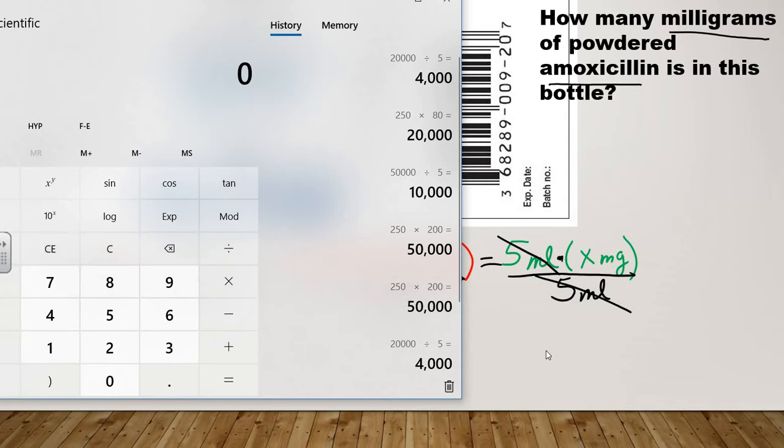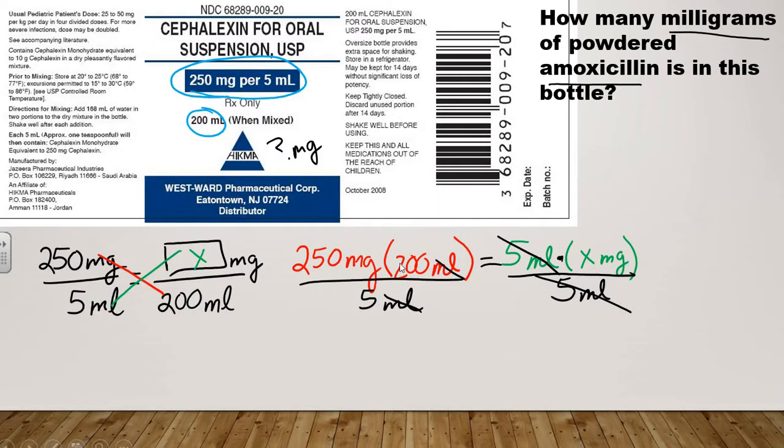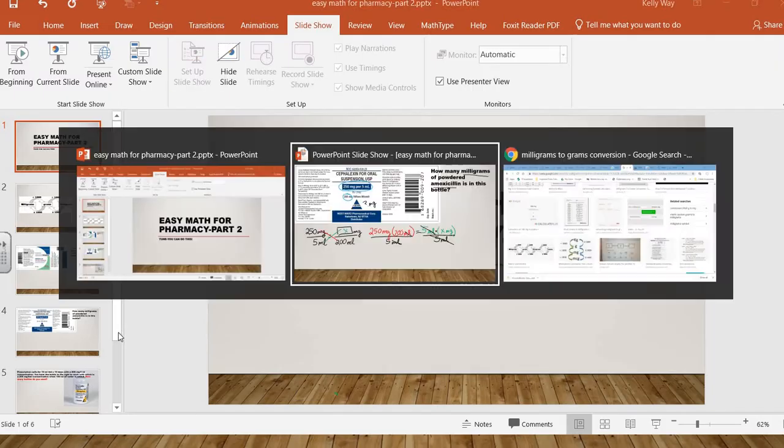Got it. We are doing 250 times 200. That's our first calculation, divided by 5.